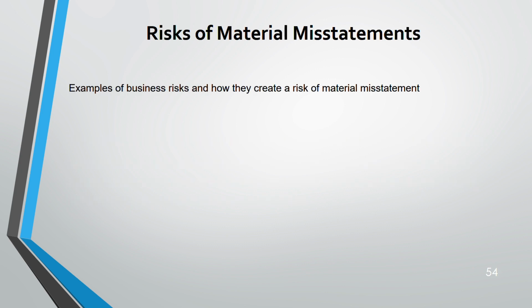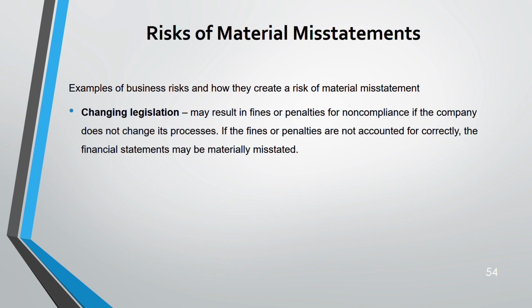Now, examples of business risk and how they lead to material misstatement. You need to understand this link. In the exam, obviously, you don't have to show the link, but understanding will help you explain business risk better. First, changing legislation. Changing legislation is a kind of business risk.